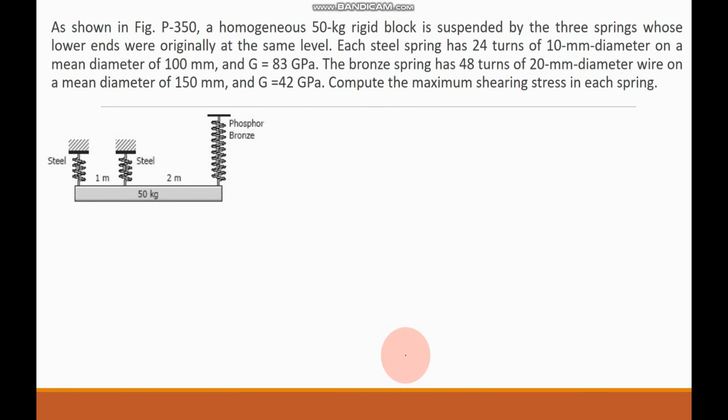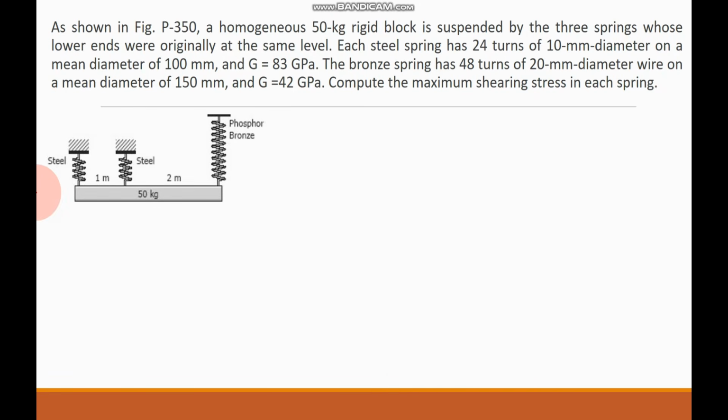The bronze spring has 48 turns of 20 mm diameter on a mean diameter of 150 mm, and the shear modulus is equal to 42 gigapascal. Compute the maximum shearing stress in each spring.